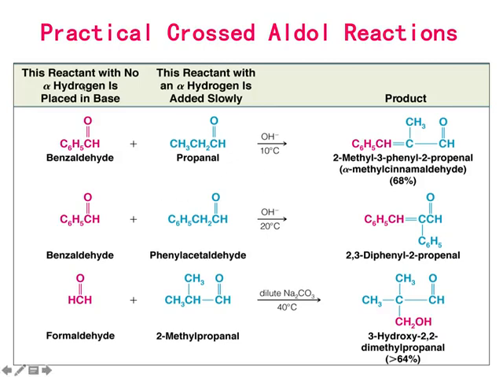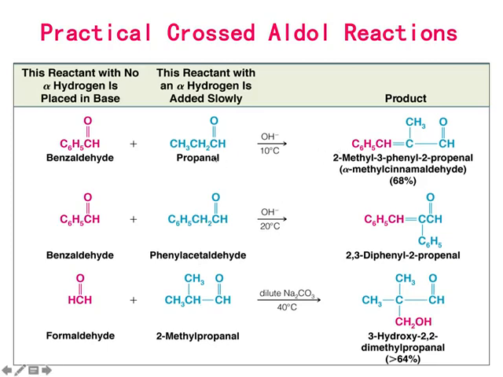This reactant has no alpha hydrogen, because the C double bond O is attached to the aromatic ring. So there is no alpha hydrogen. This other reactant has alpha hydrogen, alpha hydrogen.